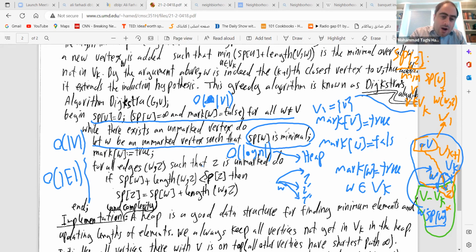So we are using order log n to find this one. The running time here is log n again, where n is the size of V. So the running time of this becomes order V times log V.